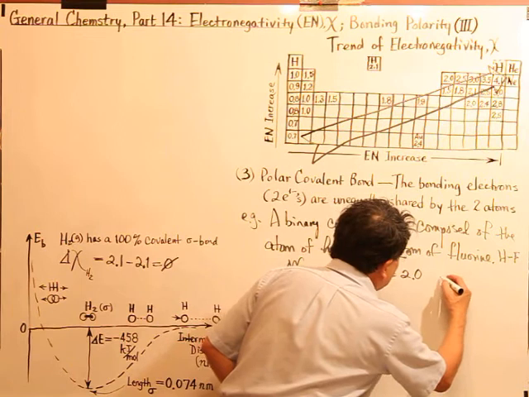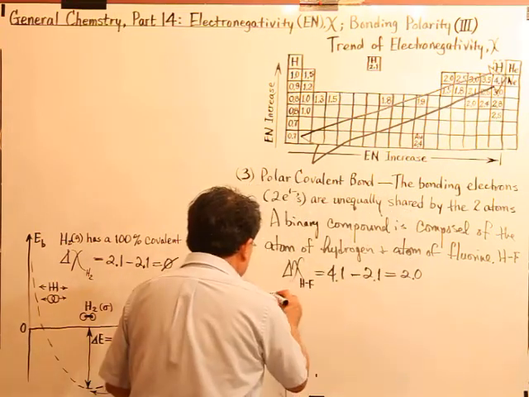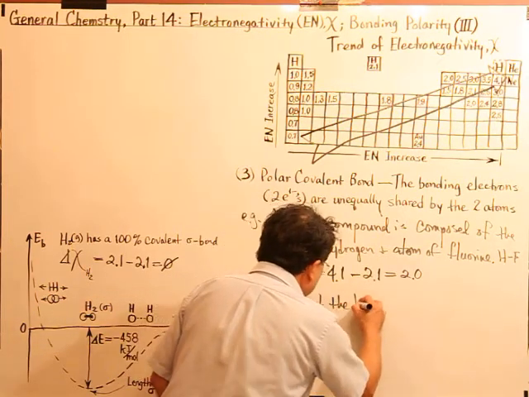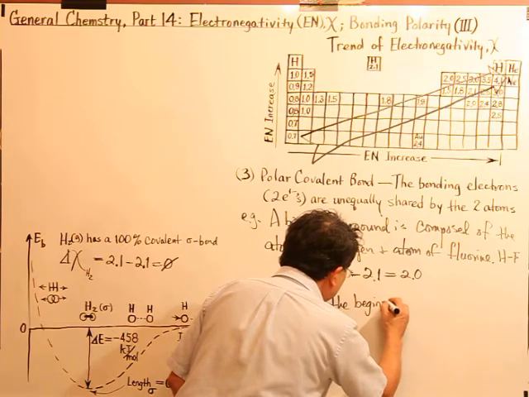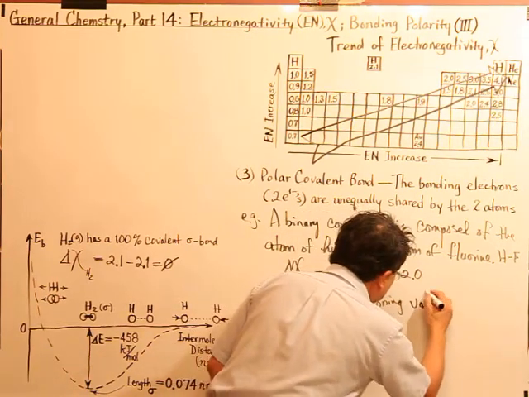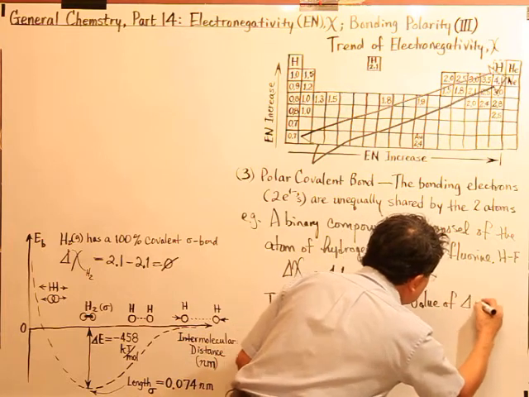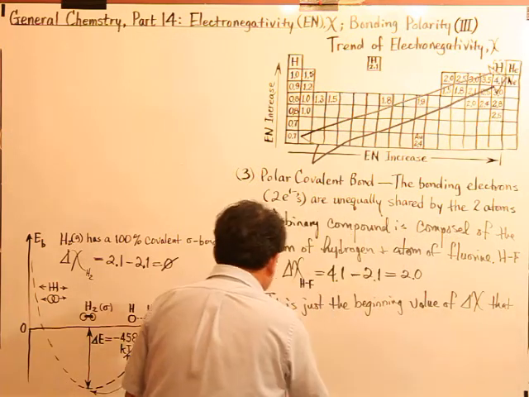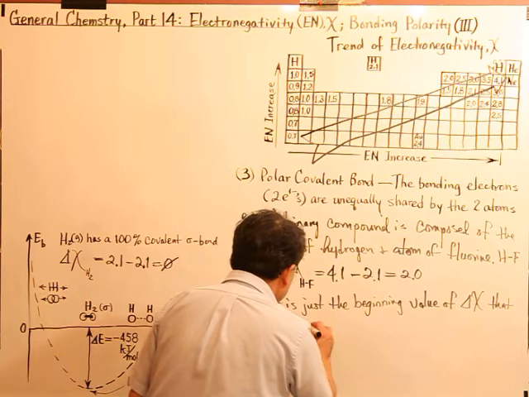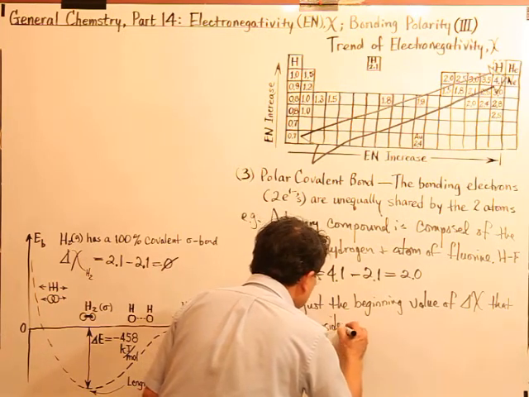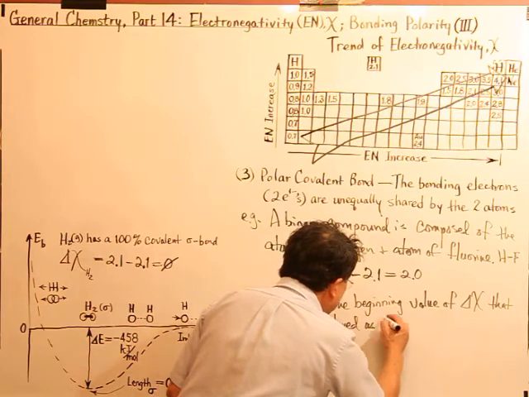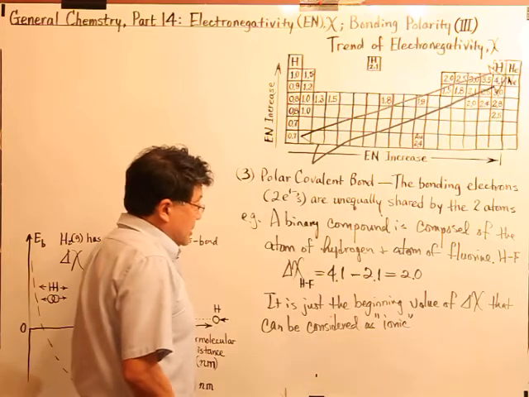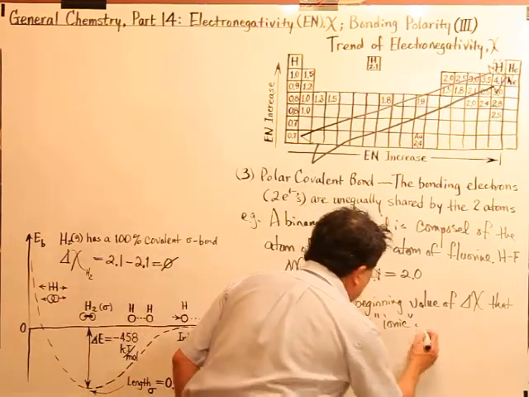So 2.0 is just the beginning value of a difference that can be considered as ionic. Not very ionic. So what happens is we are able to test it.